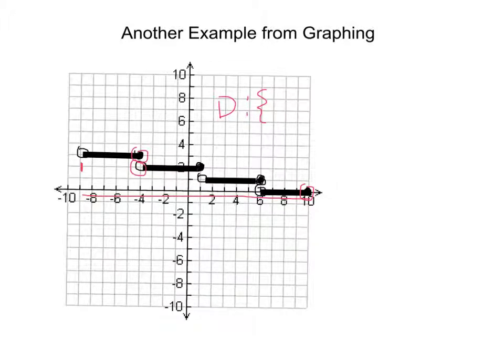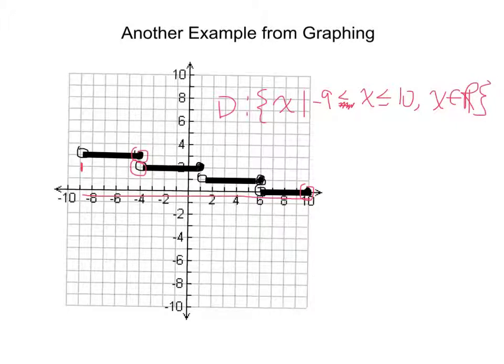So we're looking at x, and it's the x values such that -9 is less than x, just less than, not less than or equal, and x is less than or equal to +10, and it's all of the real numbers in that range.